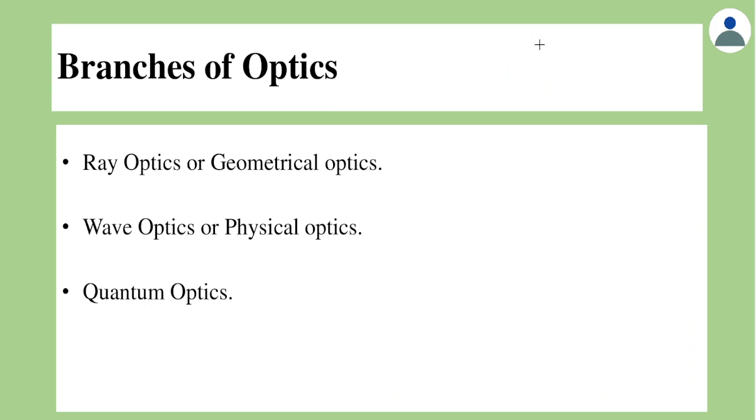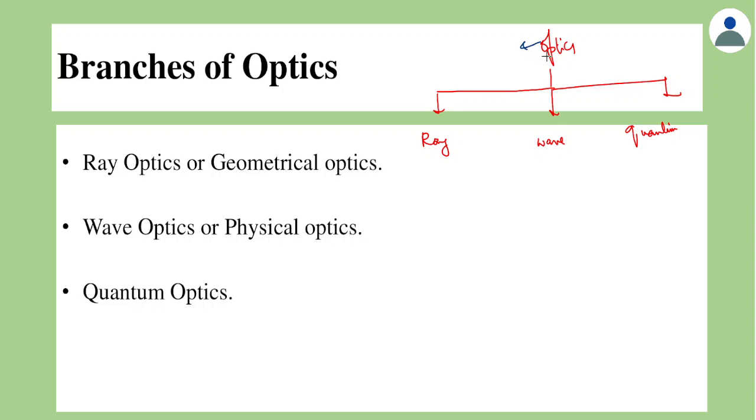Now this optics can be studied under three heads called ray optics, the second is called wave optics, and the third part is called quantum optics. That is because no one knows how light is behaving, because there are two properties to it.